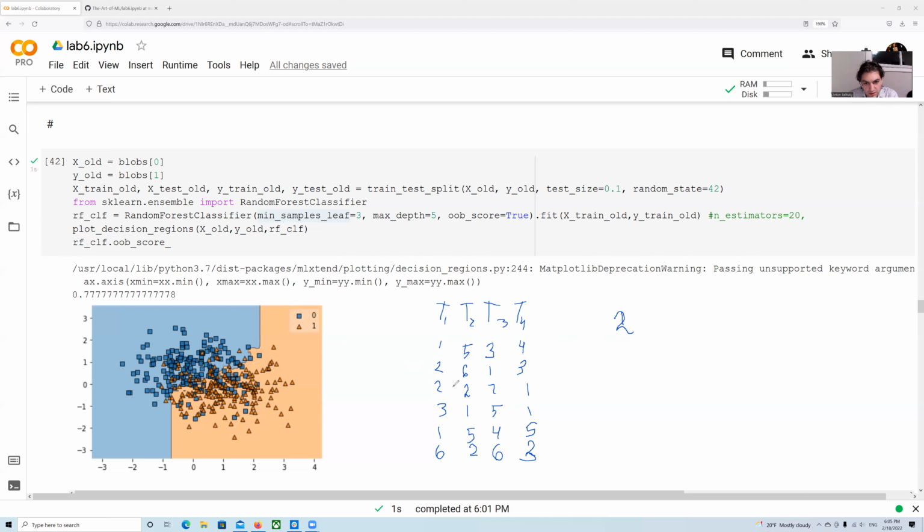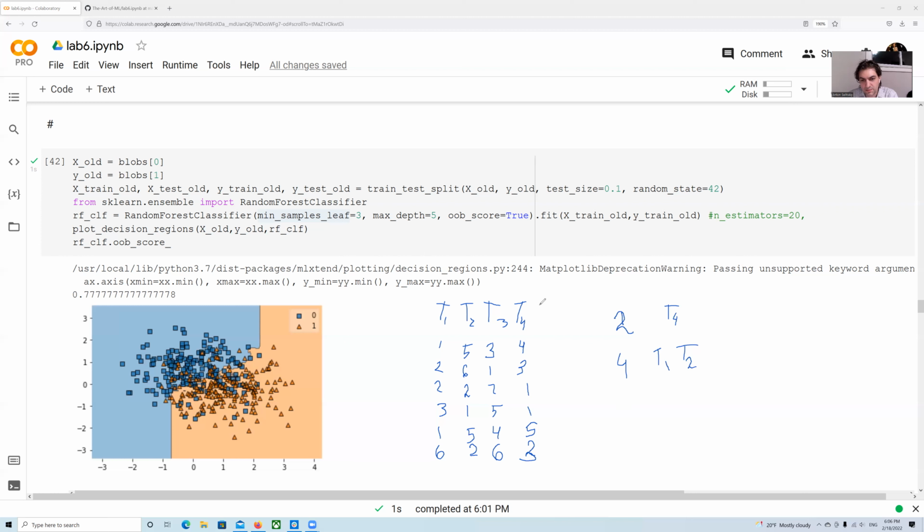To evaluate 2, we will choose only tree number 4. To evaluate 4, for example, we will use the composition, the bagging of trees 1 and 2, because the element 4 wasn't used in their training.